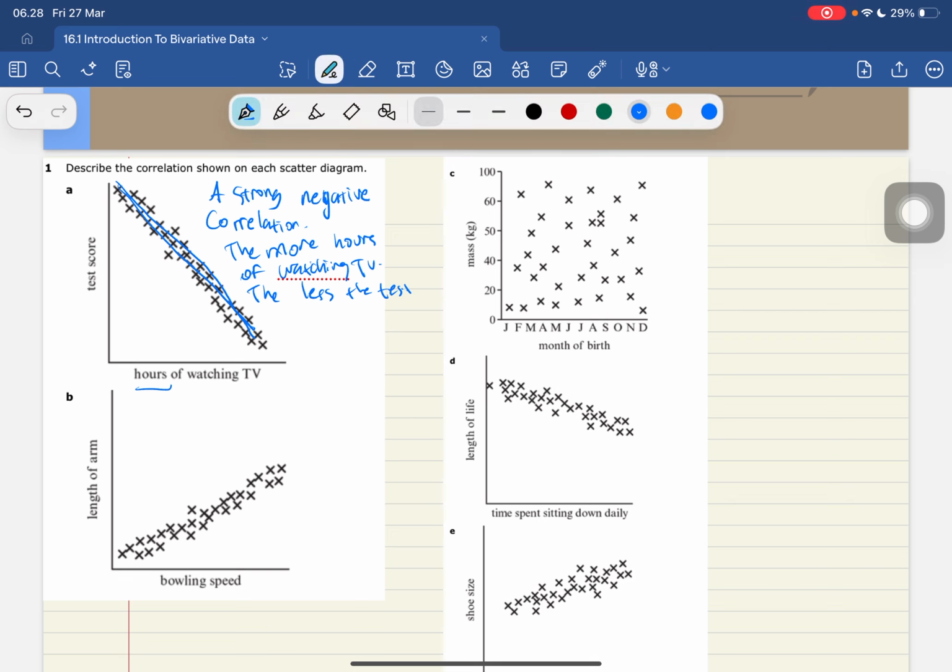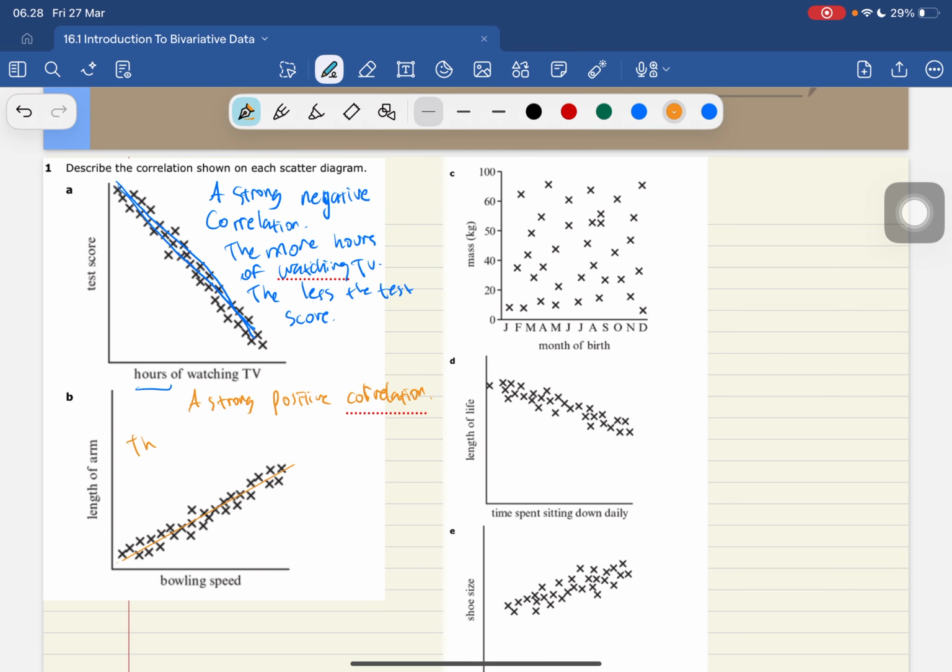The test score. B. Okay, as B is going up and the diagram is close together, so this is a strong positive correlation.